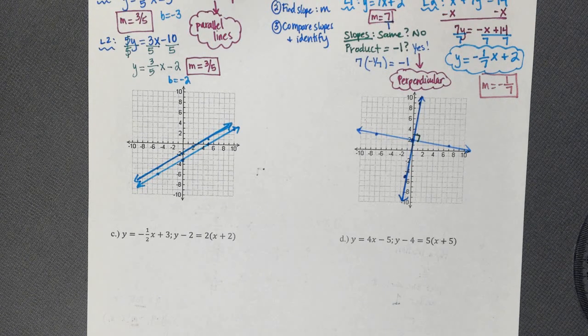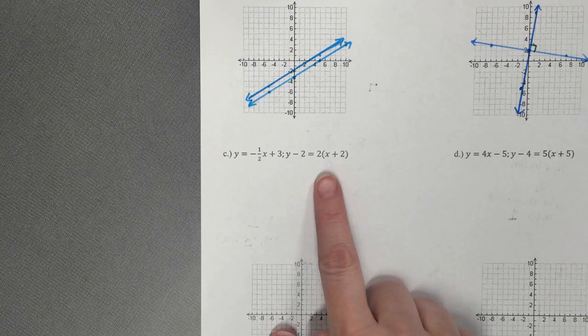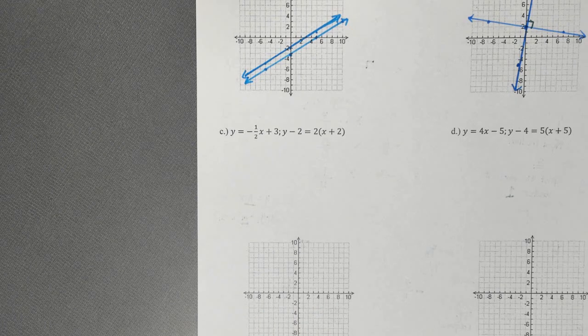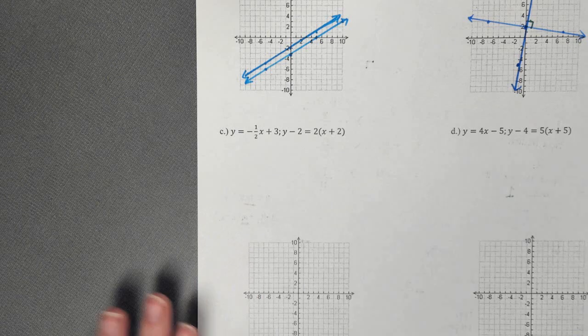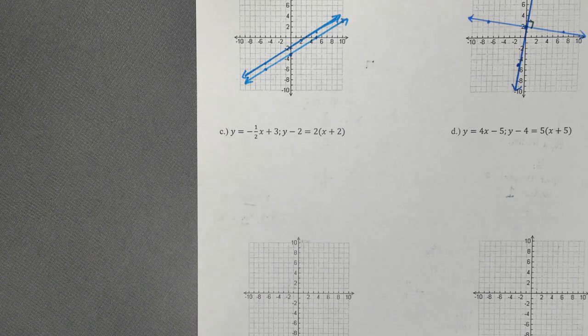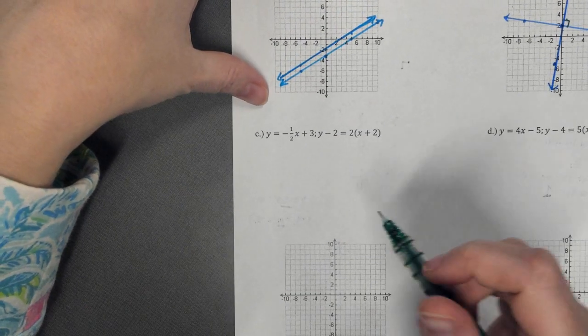Okay, so now we're gonna do part C together. Now some of you already tried this, and I was actually really impressed that some of you did your distribution and you put that in the form y equals mx plus b. That is so awesome. Okay, what we talked about yesterday was what you want to do is you want to find the slopes of each line.